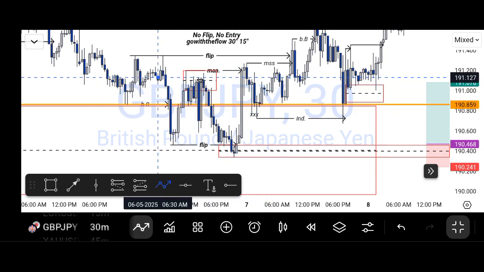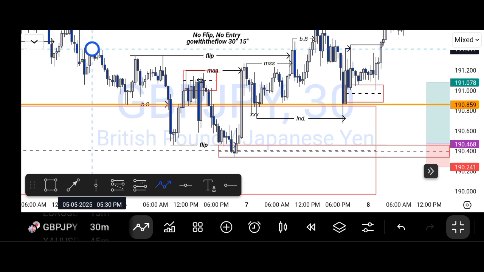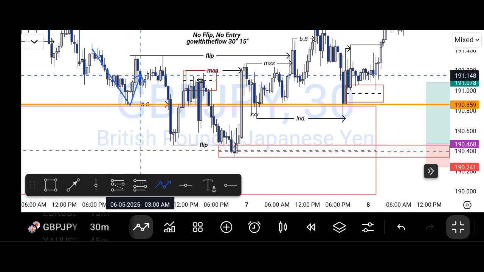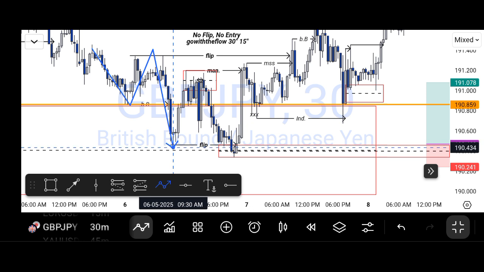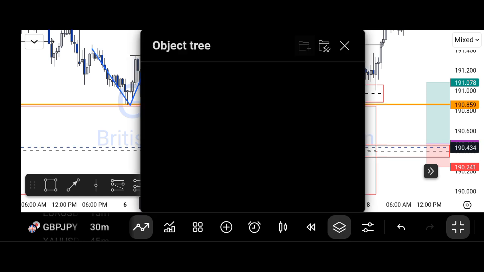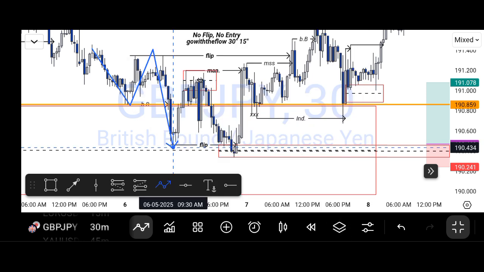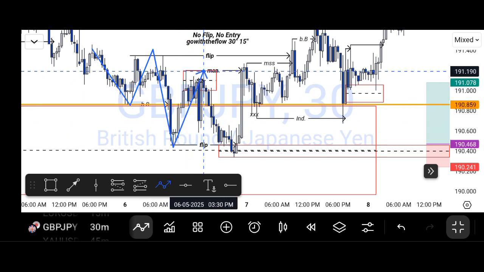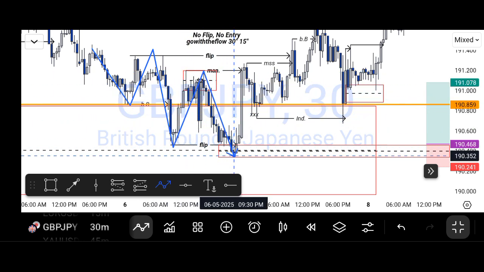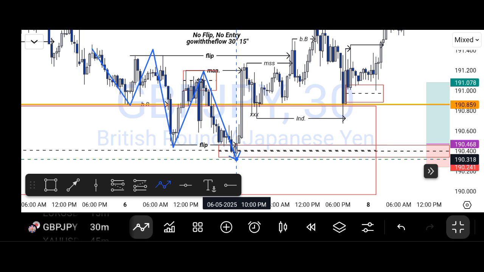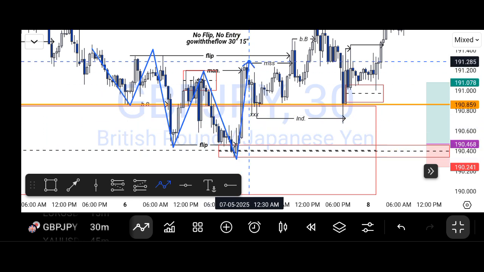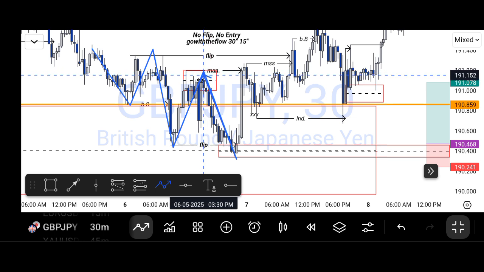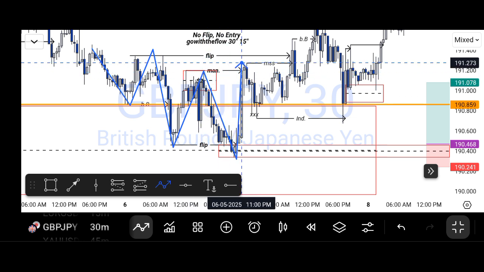So what price did here was, as price was coming down, price created a lower high, a lower low, a lower high, a lower low, then price caused a manipulation of this supply. This supply isn't supposed to hold, but it got manipulated.